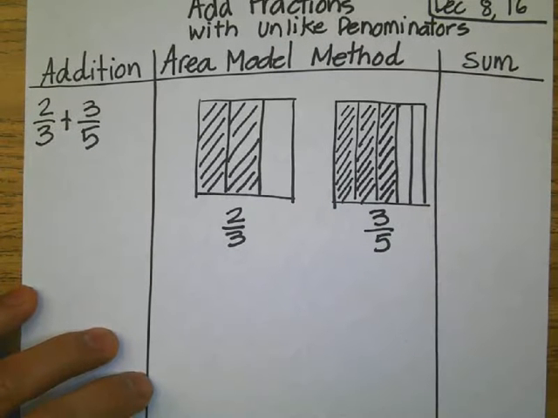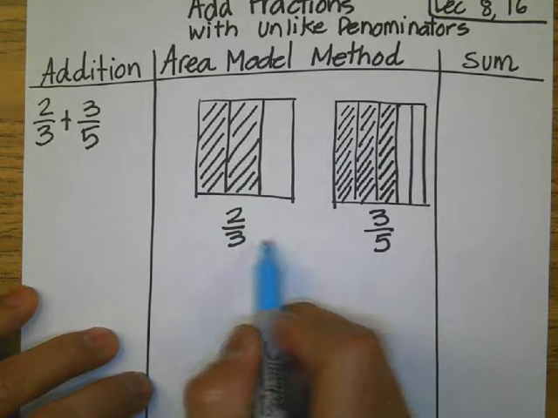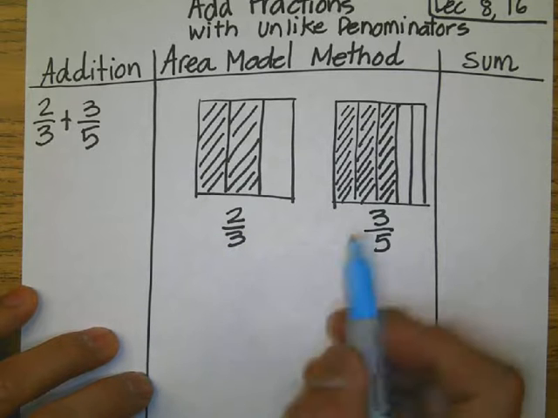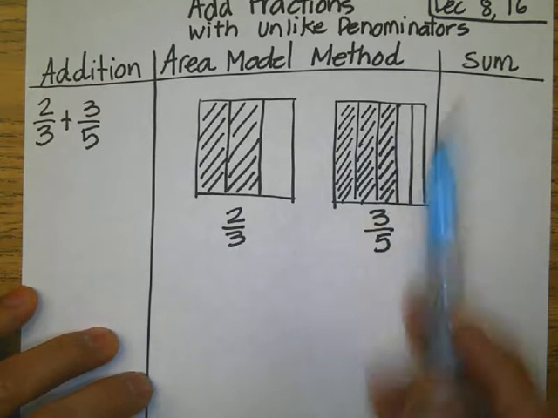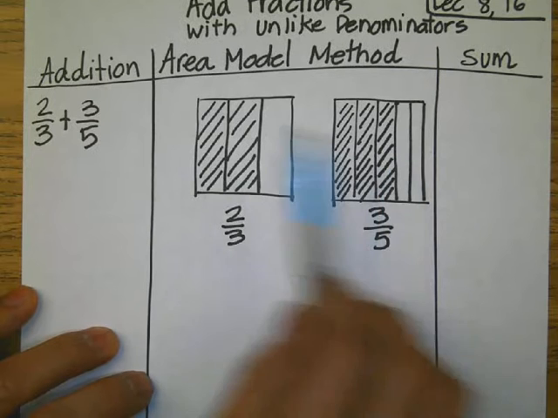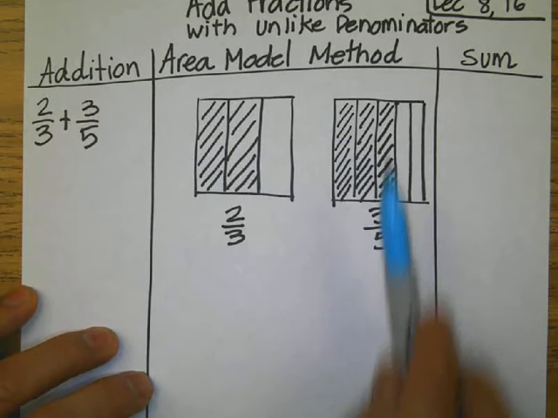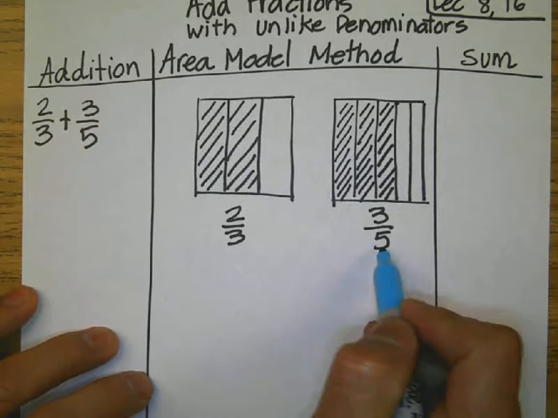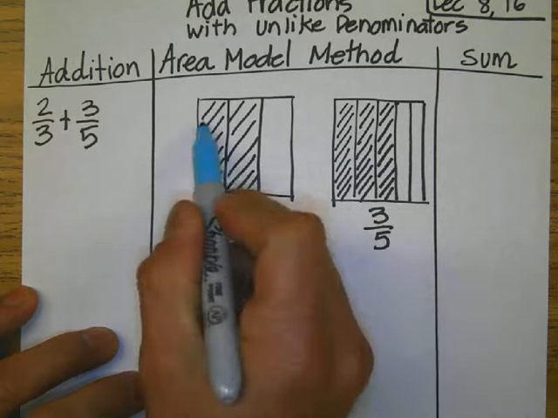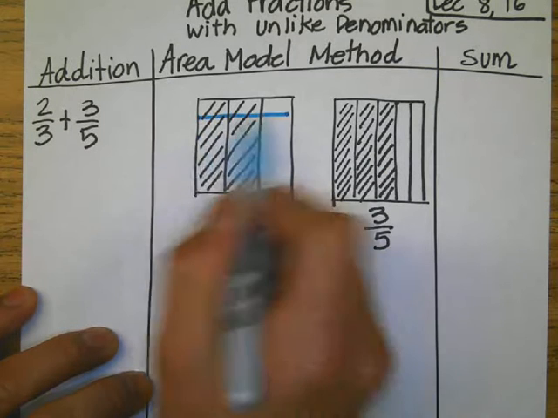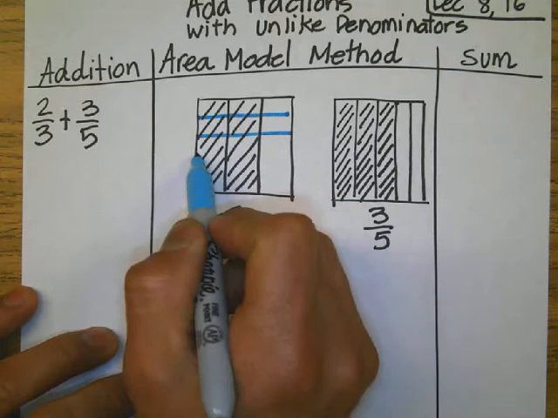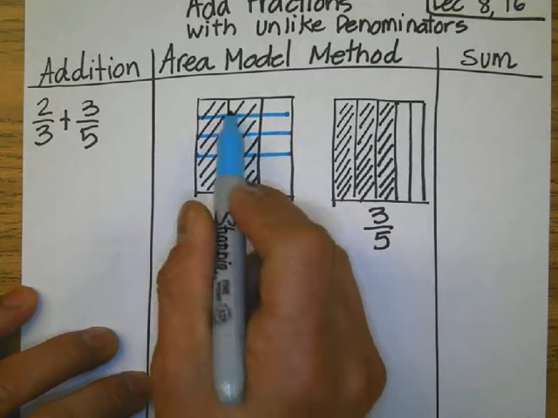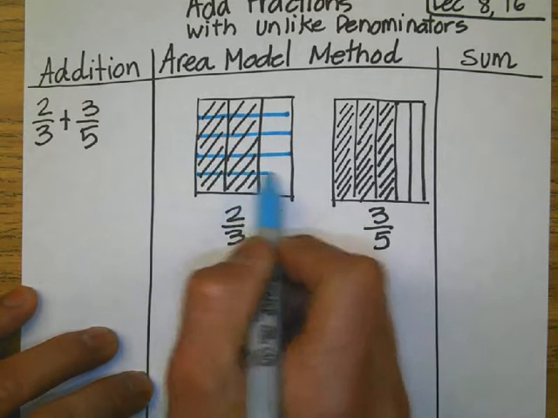Now, to find the like denominator here, we have to do what we see over here. If this is 5 parts, we have to divide this one into 5 parts: 1, 2, 3, 4, 5.